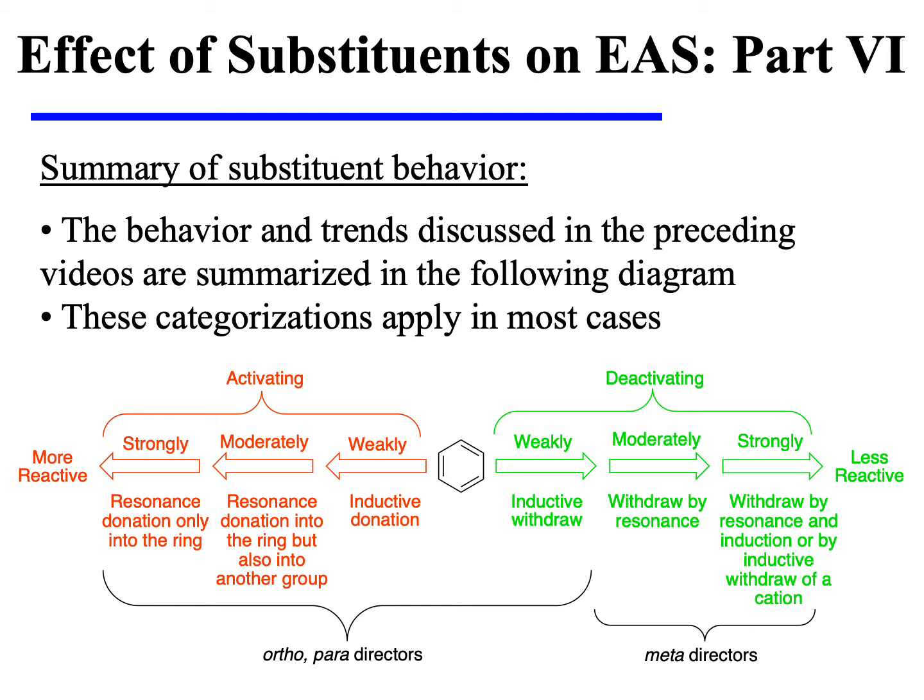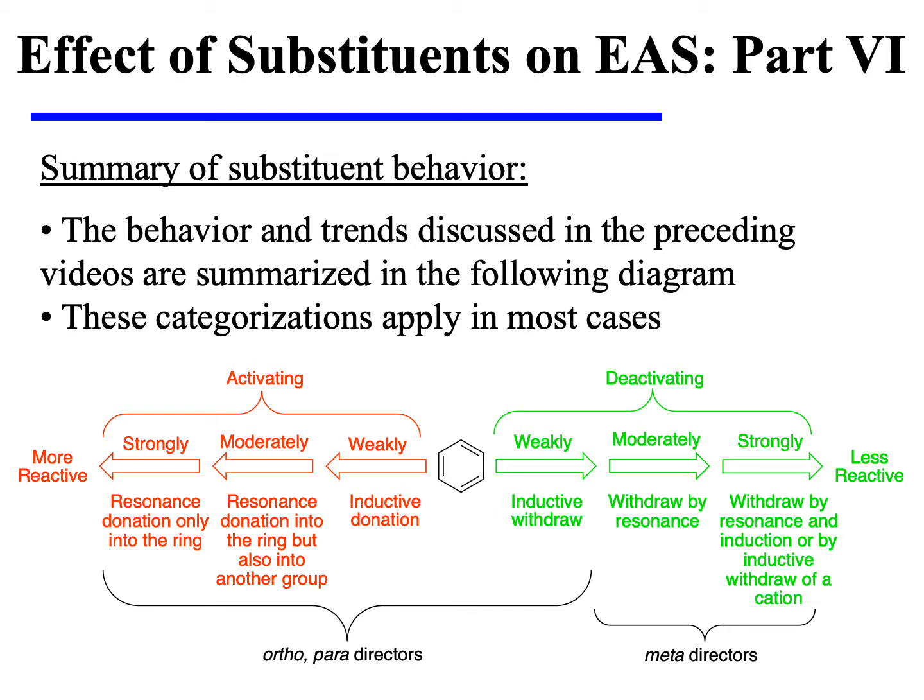So the oxygen donates electron density to the ring, but not as forcefully as it would if the carbonyl were absent. Strongly activated rings result from substituents that can donate electron density through resonance into the ring only. An example of this would be an amino group.